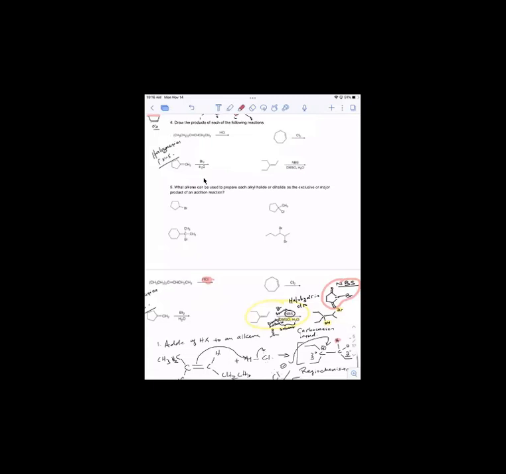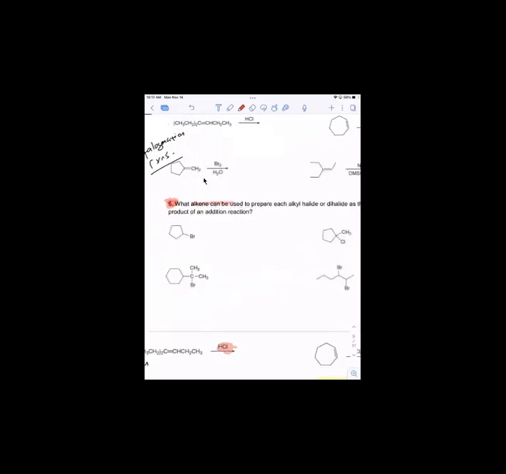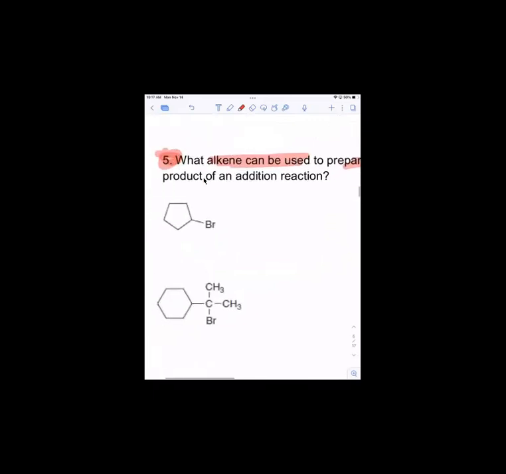Let's work through a couple of examples on number 5. And this is going to be kind of a review to jog your memory. It asks what alkene can be used to prepare each alkyl halide. Now we start out with the alkyl halide, but we're trying to get to the alkene.